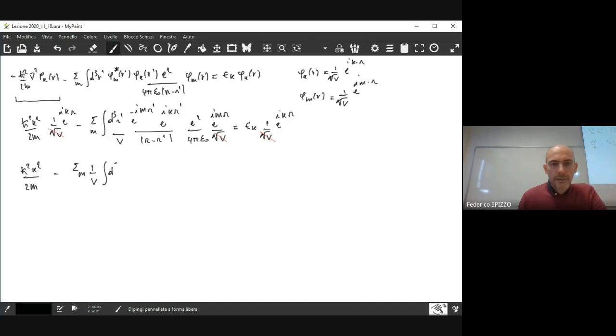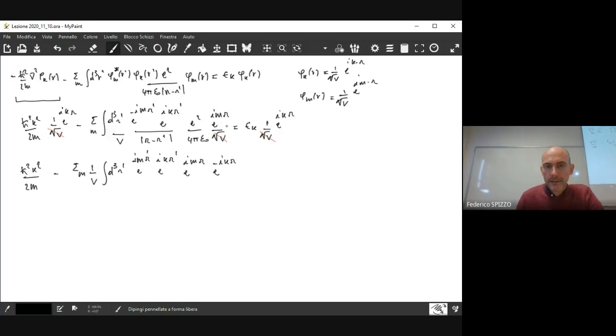Then we have the integral of d3 r prime, and we have e to the minus I m r prime, e to the I k r prime. Then we have e to the I m r and e to the minus I k r.